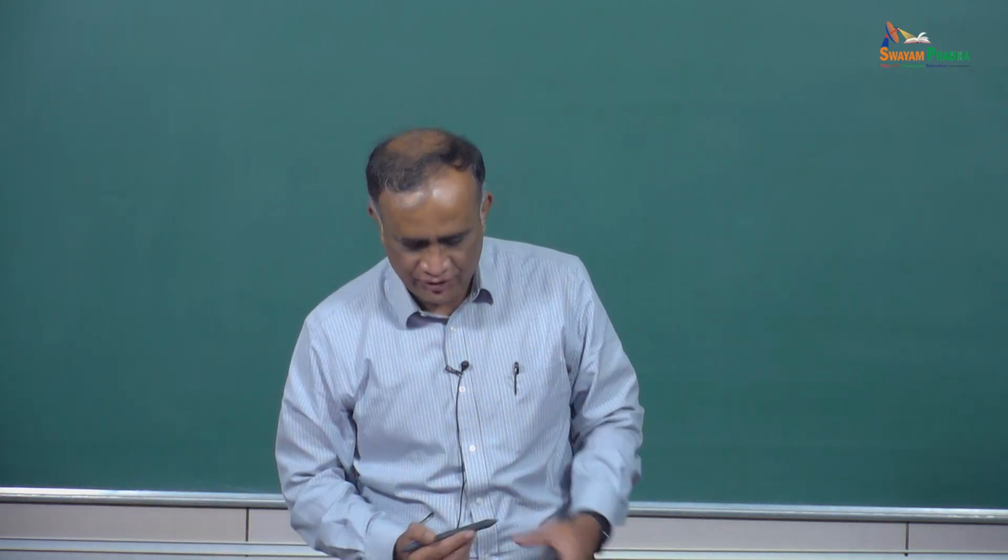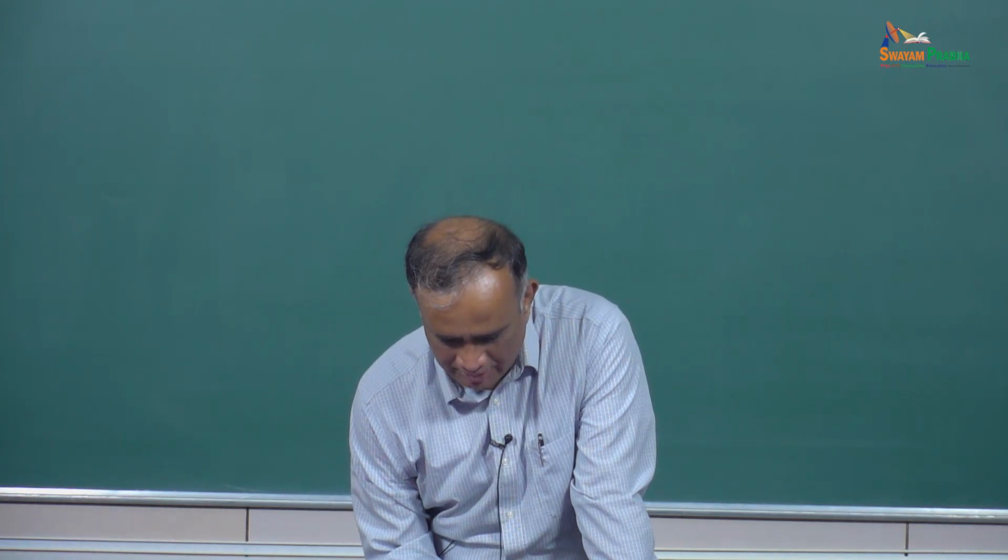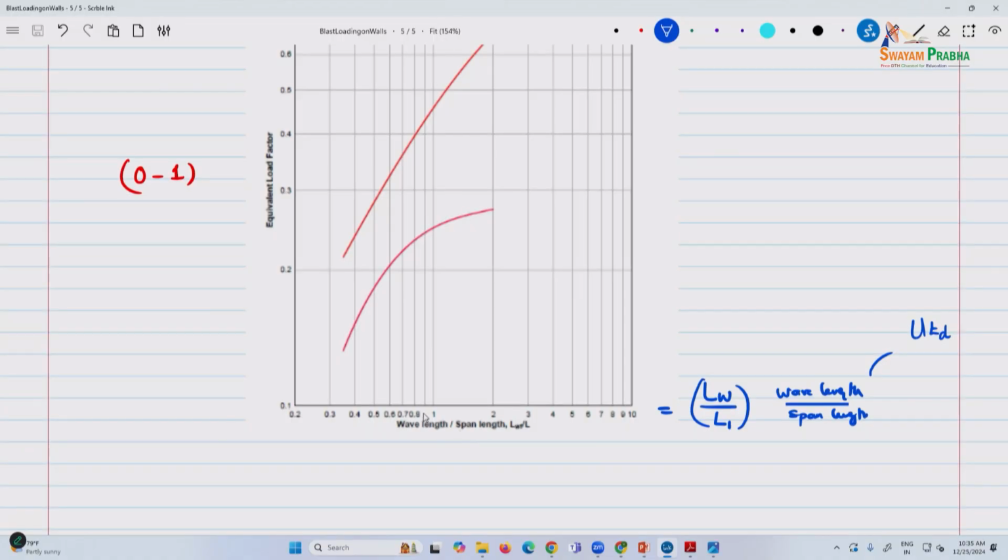As you see, numerically, your span length will never approach your wavelength. So often you might be fairly low, let us say even if you go 0.5, those factors are in the range of somewhere 0.3 to 0.35. You will never be going into the very high ranges.